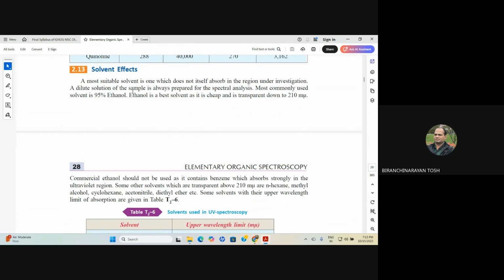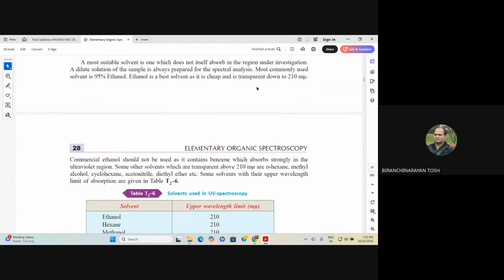A dilute solution of the sample is always prepared for spectral analysis, and the most commonly used solvent is ethanol, which is transparent down to 210 nanometer.